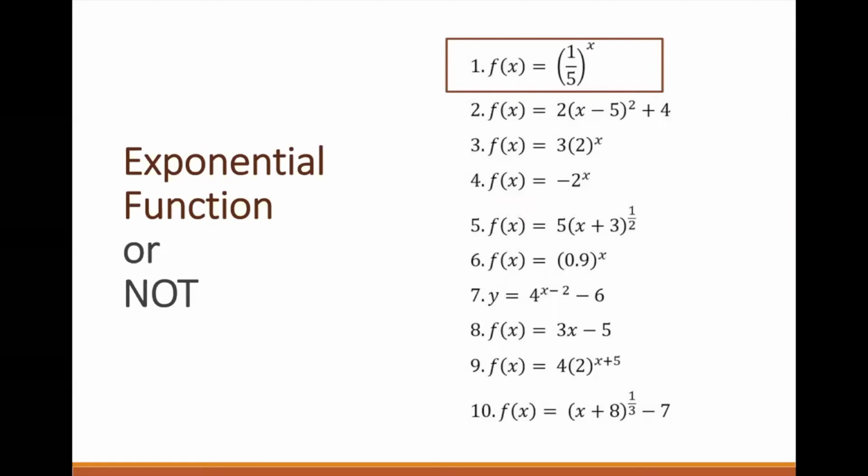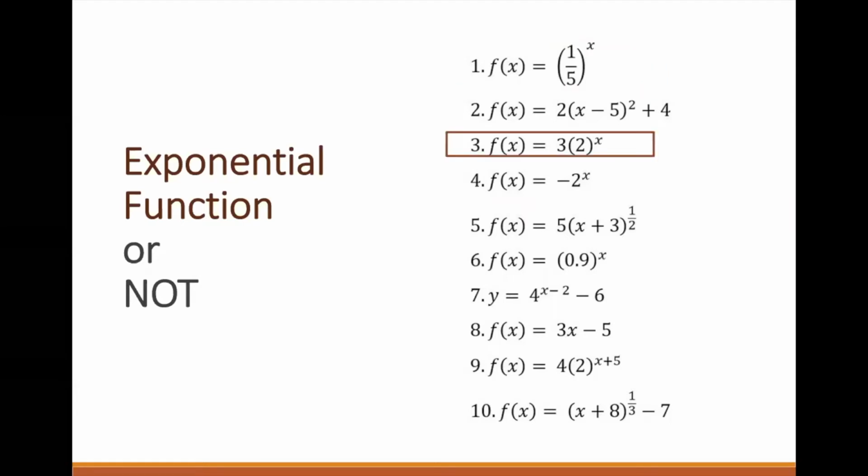Yes, it's an exponential function. How about the second one? Not. The third one is also an exponential function, as well as the fourth one, the sixth, the seventh, and ninth.